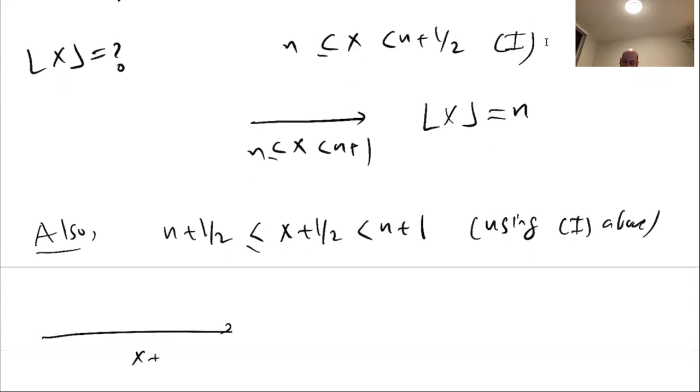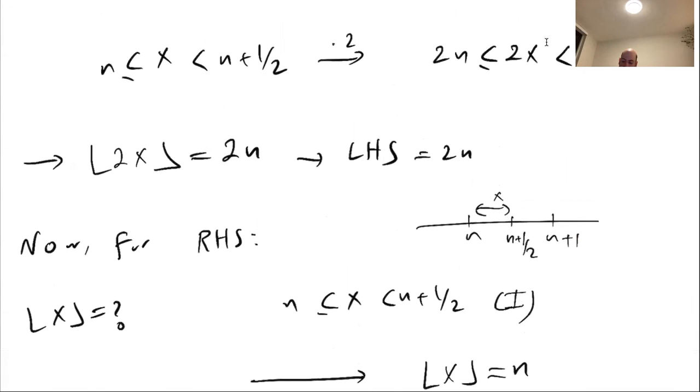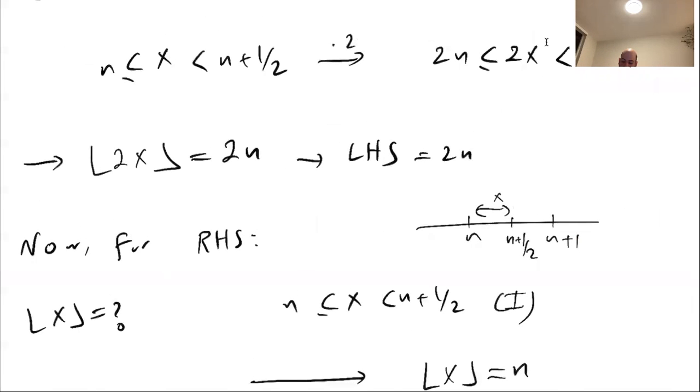So x plus 1/2 is going to be bigger than n and less than n plus 1, right? If x plus 1/2 is in the second gap, x plus 1/2 will be here.